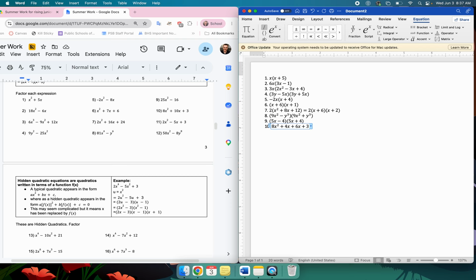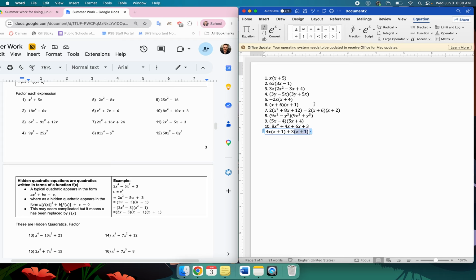All right. Then I'm going to group these first two terms and pull out the greatest common factor between just those two terms, which is 4x. If I remove it from those first two terms, I'm left with x plus 1. And then likewise, I group the second two terms and pull out the greatest common factor there, which is 3, which leaves me with, again, x plus 1.